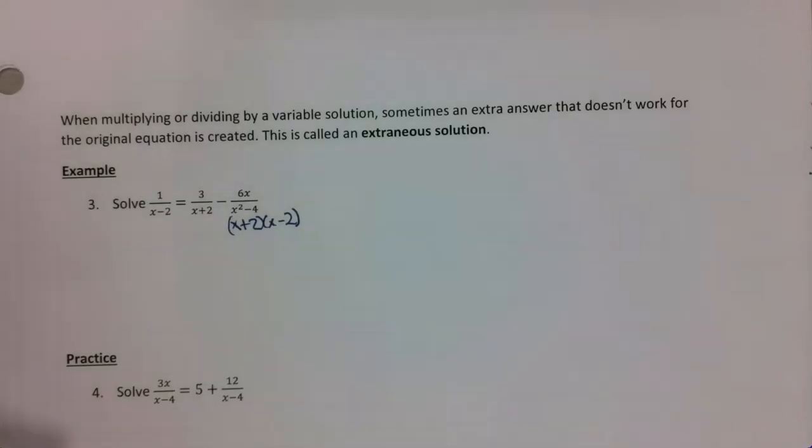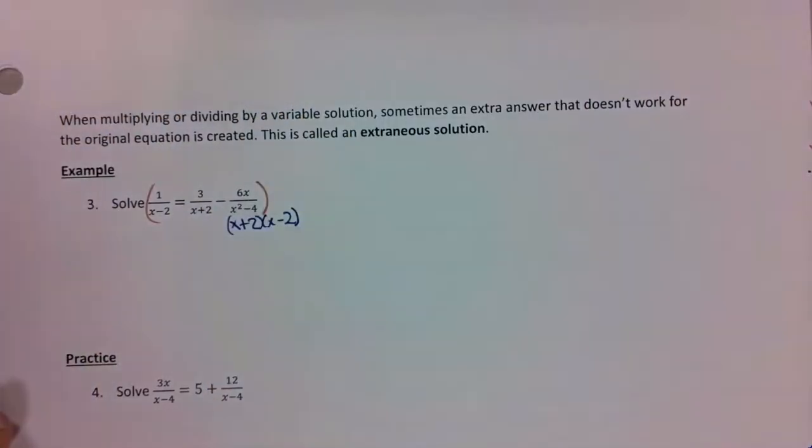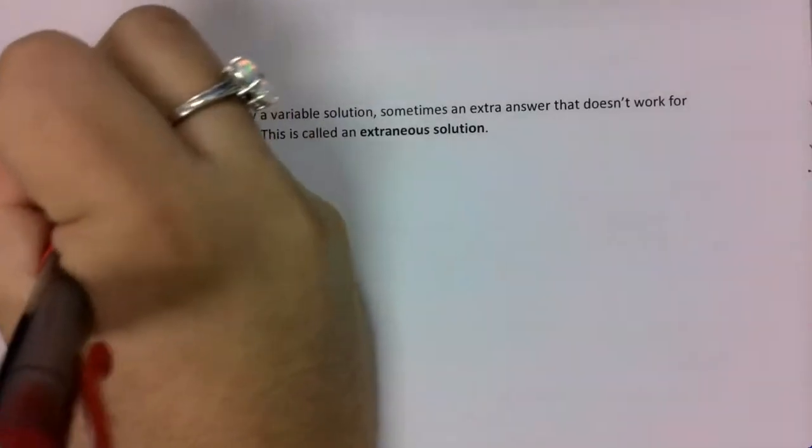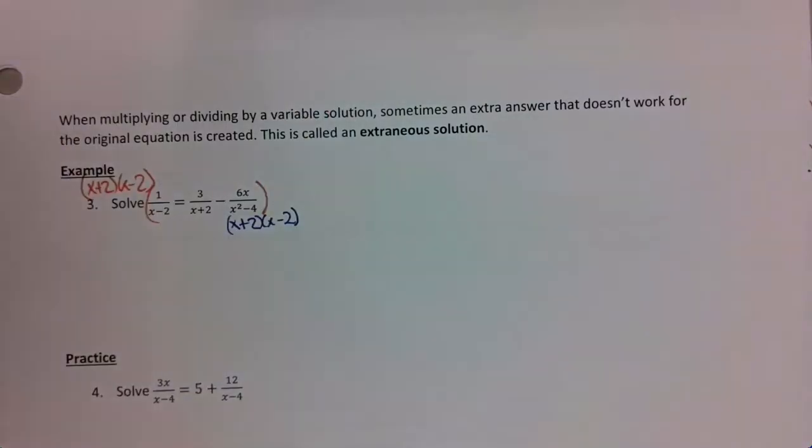Okay. So when I go to multiply this by my LCM, I'm looking for what factors appear in the denominator. I have x plus 2 and x minus 2. So I want to multiply all 3 of my terms by x plus 2 and x minus 2.